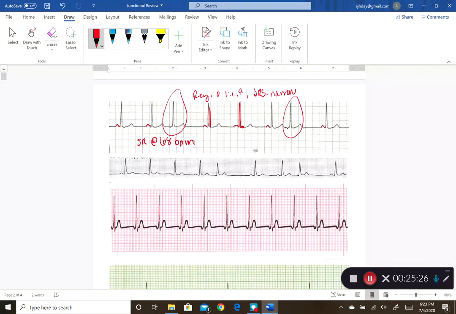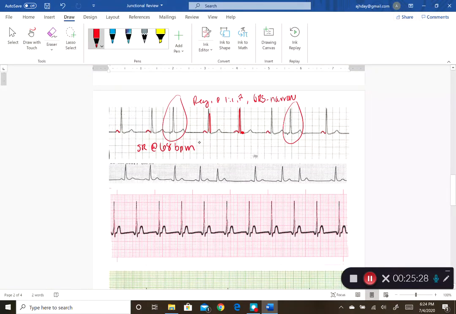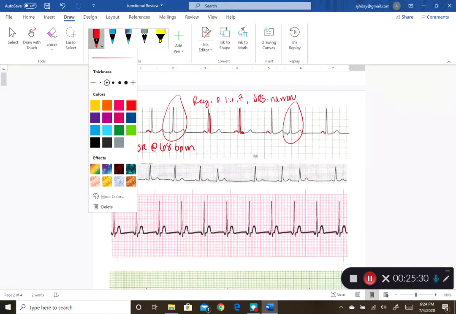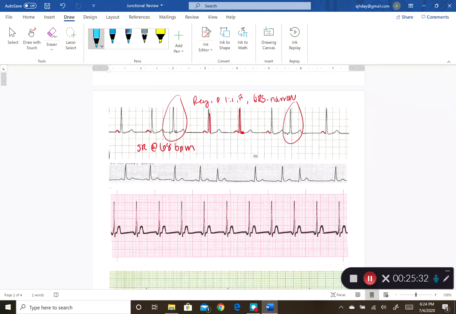And no ST segment changes, so I don't need to put anything about the ST segment, but I do need to note these two complexes here. They do look a little bit different. When I look at my P wave on these complexes, they're inverted, telling me that they're junctional. They also come early in the progression, so I have a nice 72 beats per minute and then an early one.